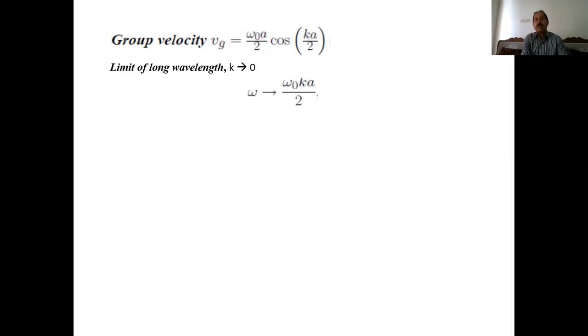So if you take a very long wavelength, for this long wavelength we can sufficiently consider k tends to 0. If k tends to 0, then already we know that cos θ, when θ tends to 0, is almost 1.